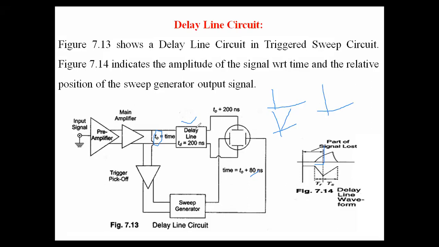To avoid that loss of the signal, we provide a delay time of 200 nanoseconds. With that we get the proper signal, without any loss of part of the signal.